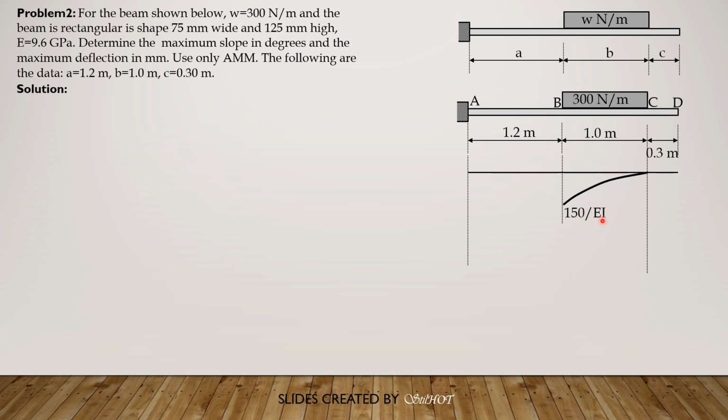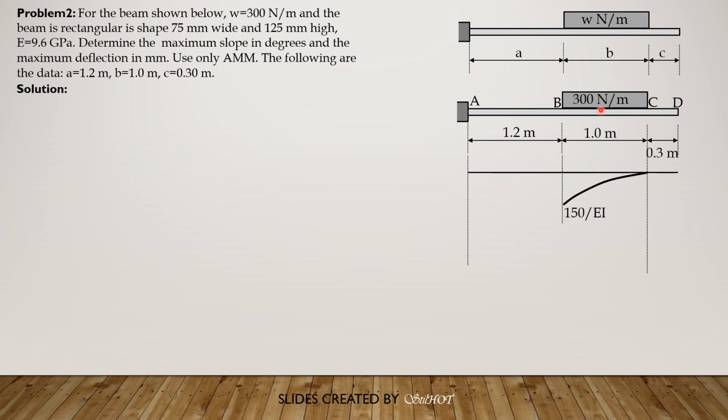The unit here is Newton meter, 150 Newton meter, the numerator. Then at the wall, so 300 times 1, so 300. The distance of the centroid to the wall is 1.7.